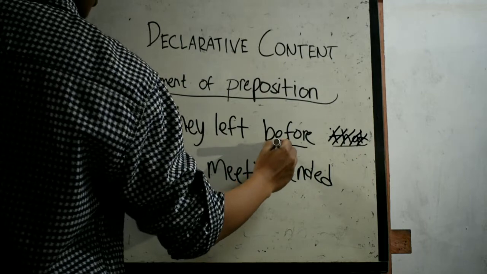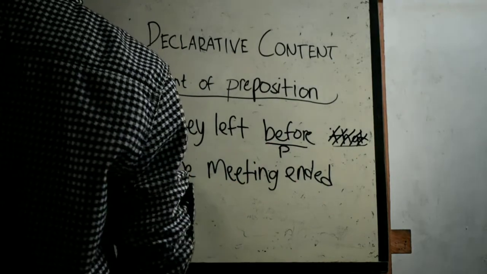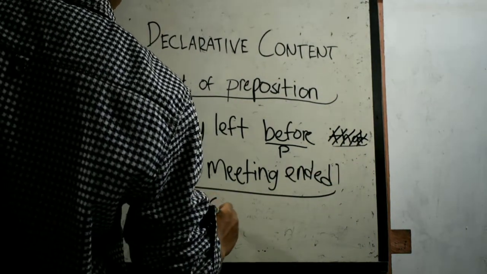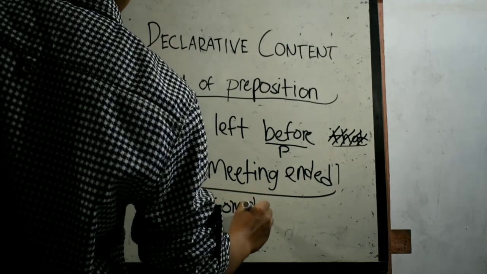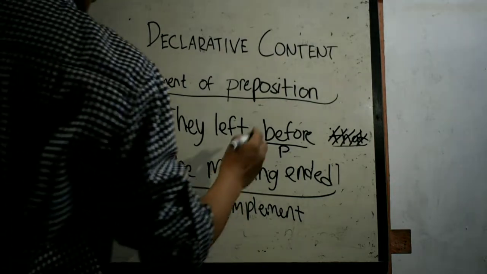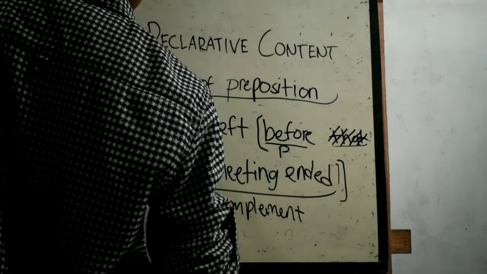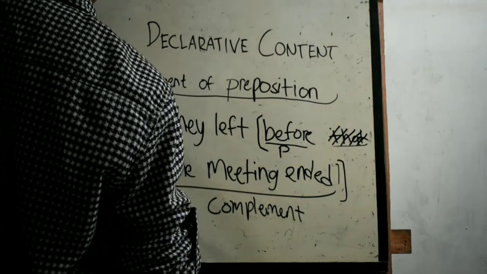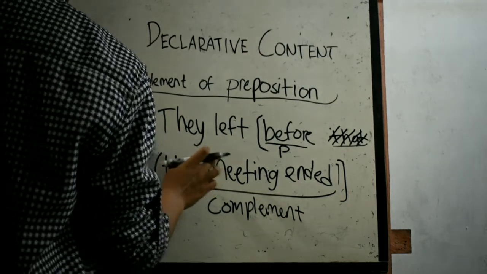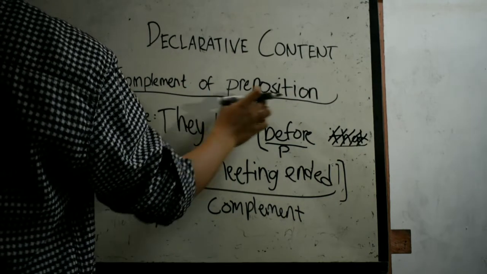Before is the preposition, and the meeting ends is the complement. Before the meeting ends is a prepositional phrase. So we can identify this sentence as complement of preposition.